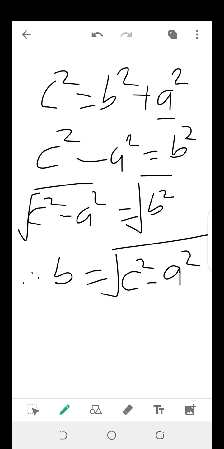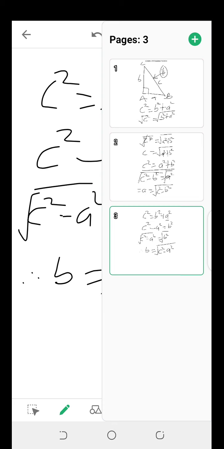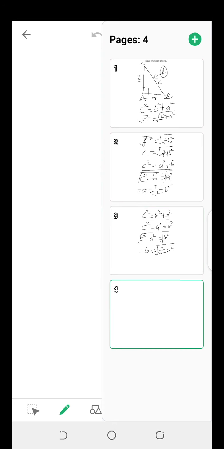So actually this is the formula that you can use to find all the sides of a right-angled triangle. So let's already define what a hypotenuse is: the hypotenuse is the longest side, or the side opposite to the right angle.